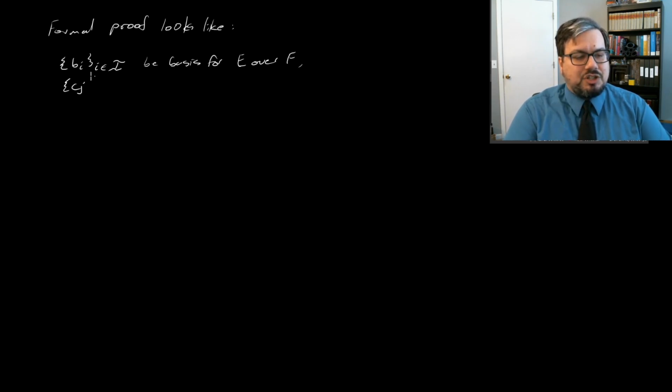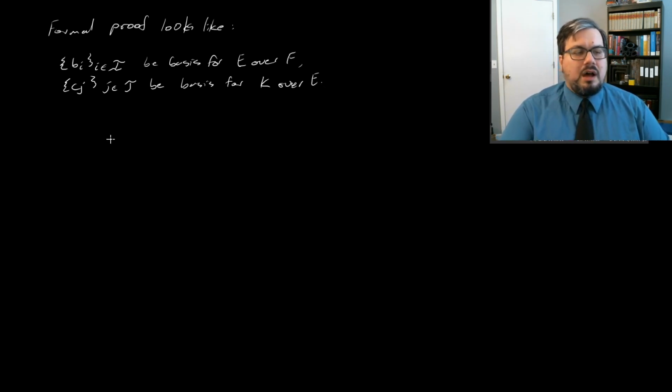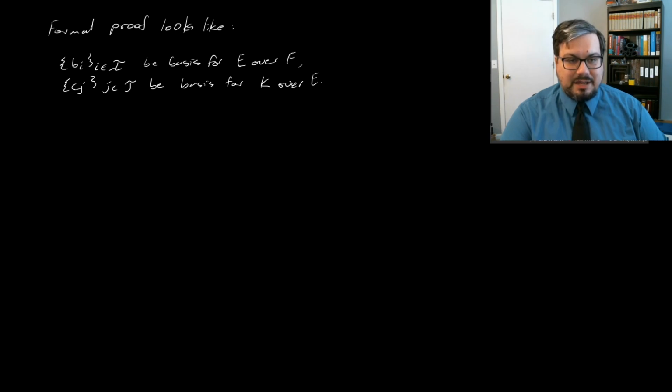Let c_j, for j in the index set J, be a basis for K over E. So that means that every element of K can be expressed uniquely as an E linear combination of the c_j's, and every element of E can be expressed uniquely as an F linear combination of the b_i's.